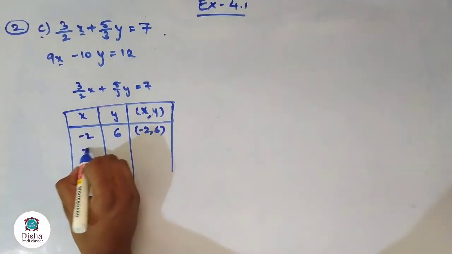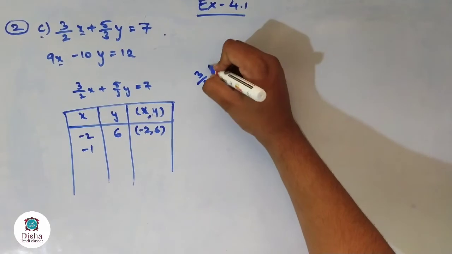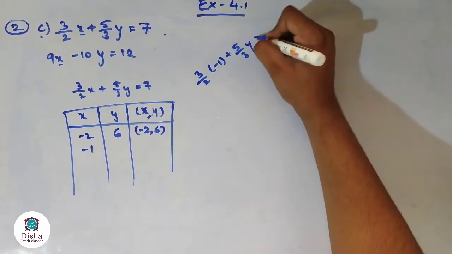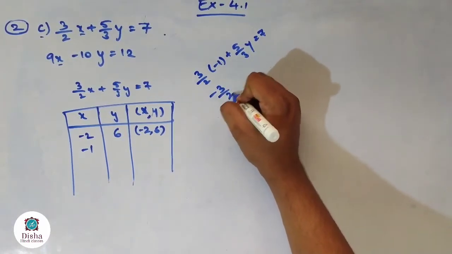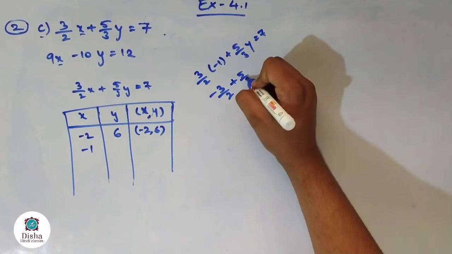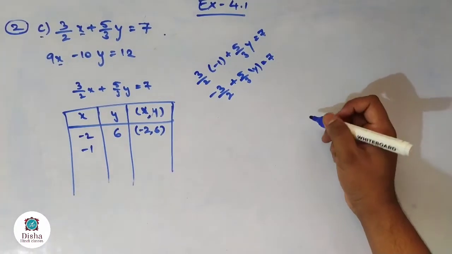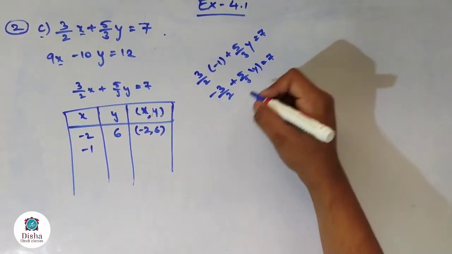Next, we will take -1 as x. So 3 by 2 into -1 plus 5 by 3 of y equals 7. So -3 by 2 plus 5 by 3 of y equals 7. Now if we send this -3 by 2 to the RHS, it will become +3 by 2.